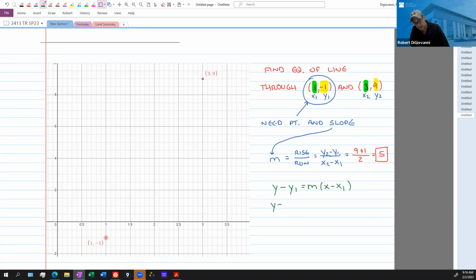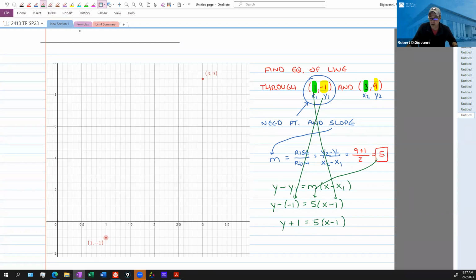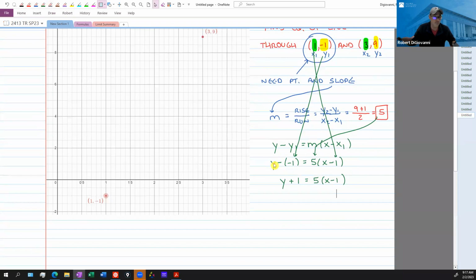So y take away -1 equals 5 times x take away 1. y1 goes here, x goes here, m goes there. And this just becomes y plus 1 equals 5 times x minus 1. And that right there is fine. That is the equation of the line, and we're okay with just leaving it like that.